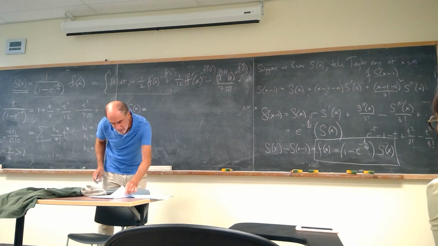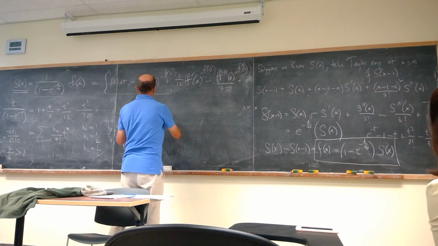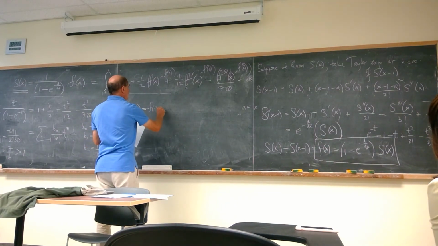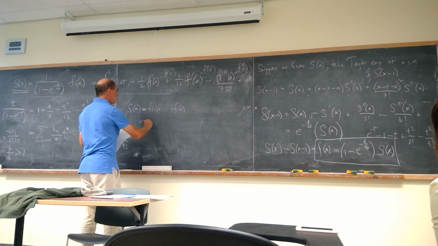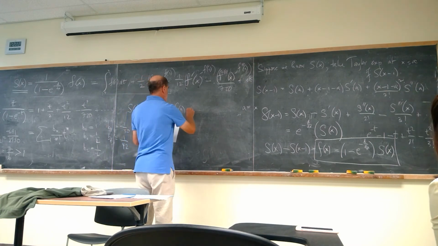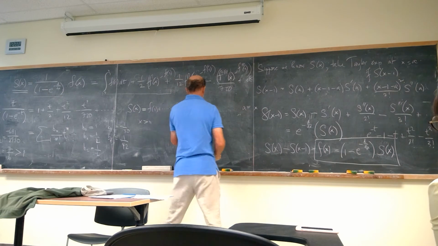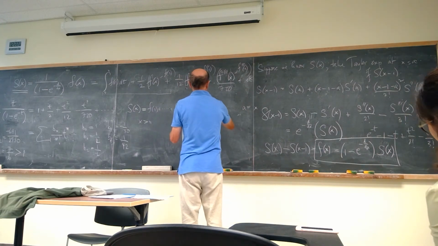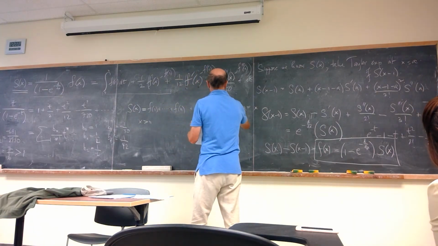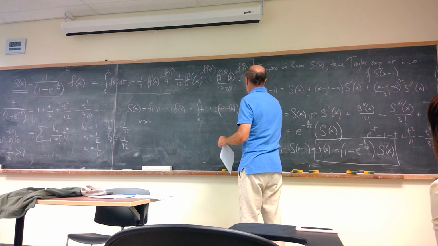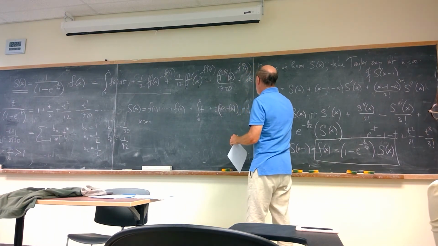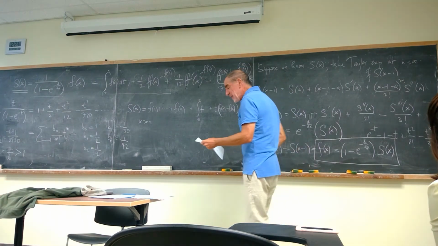If you take the initial condition at n, f of 1 plus f of n, this is for x bigger than n, plus the integral from n to x of f plus 1/2 f of x minus f of n plus 1/12, etc.